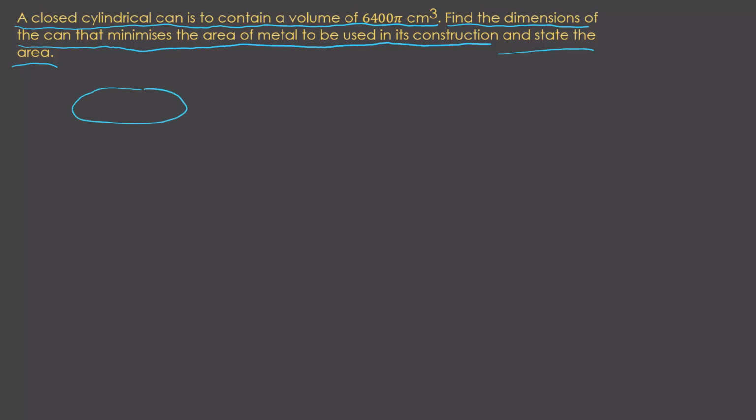So we're talking about a cylindrical can. If the radius is r and the height is h, the volume is pi r squared h.